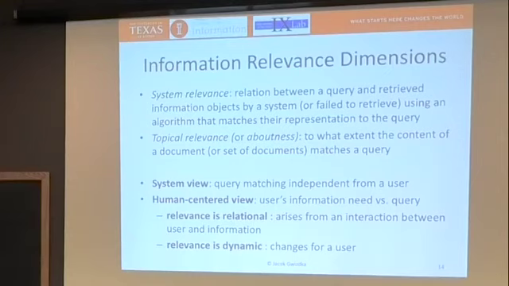And topical relevance is another dimension. This is what the documents are about, the extent to which the documents match a query expressed or entered by a user. This has very much a system flavor.